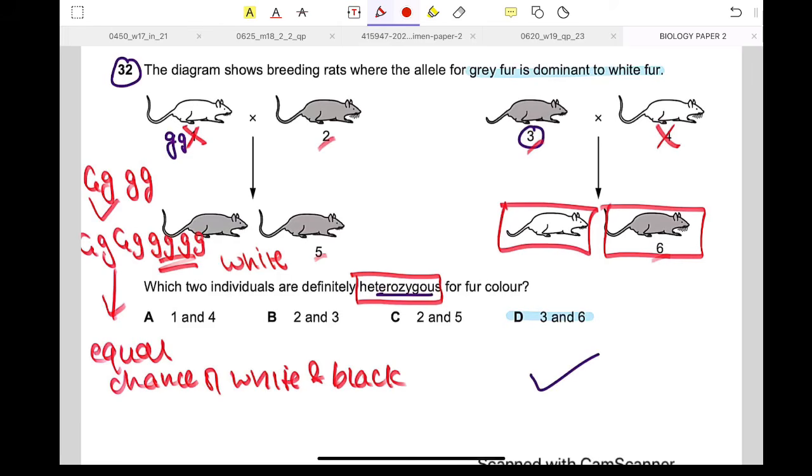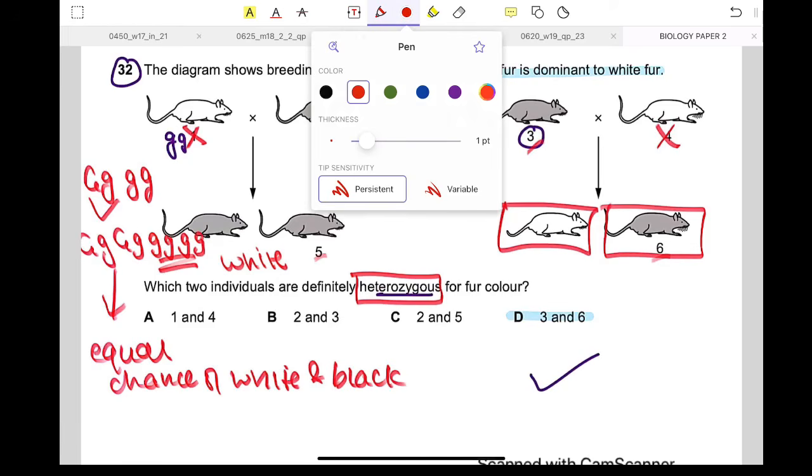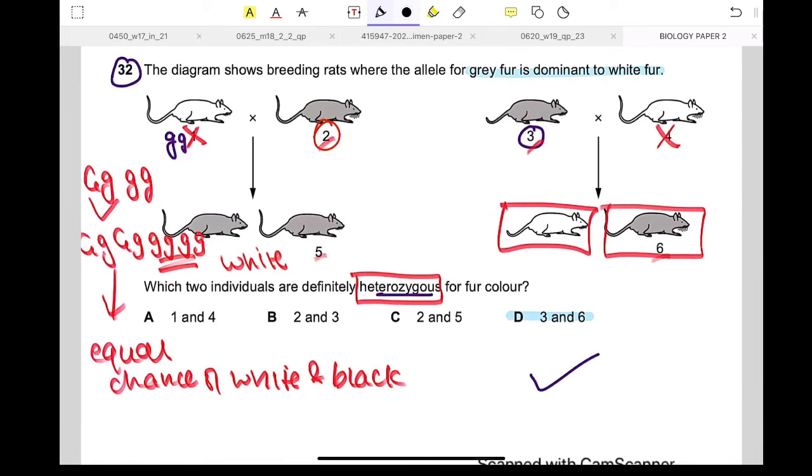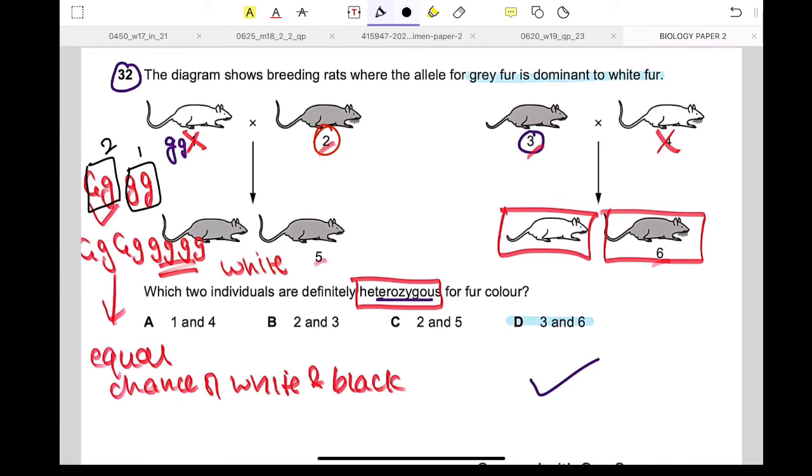Okay. Now let's say that you took 2 as heterozygous. Now what would happen here is, let's say this is 2 and this is 1. So when you cross it, there is an equal chance of getting black and white, 50-50, right? But here, both of them have come out to be black.